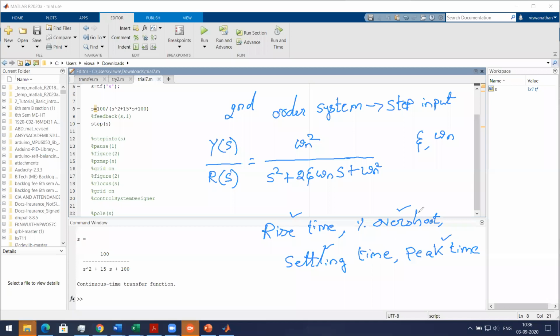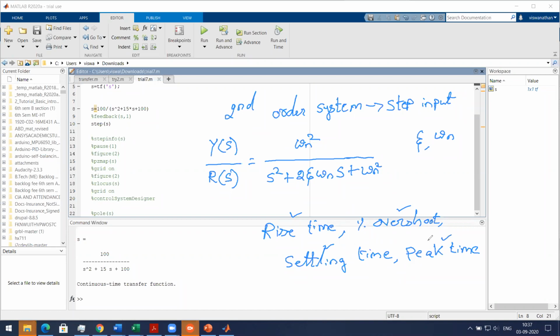So you give a lot of design requirements, and then you design the controller. There are four or more, around 4 to 6 characteristics like this, which are nothing but the requirements for the system.